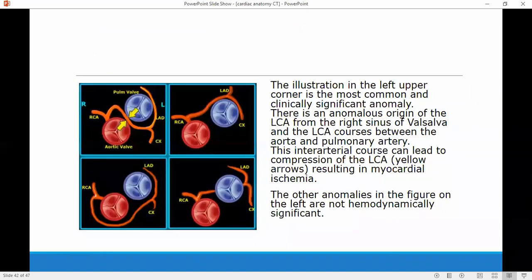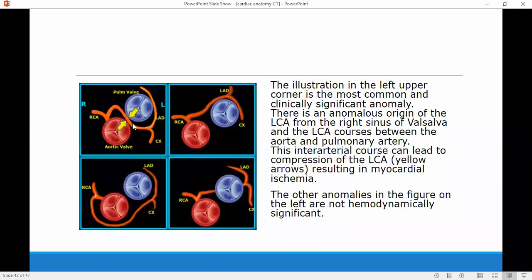The illustration in the left upper corner is the most common and clinically significant anomaly. There is an anomalous origin of the LCA from the right sinus of Valsalva, and the LCA courses between the aorta and pulmonary artery.